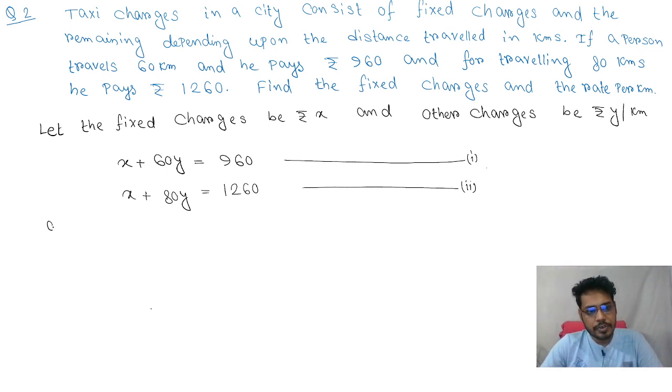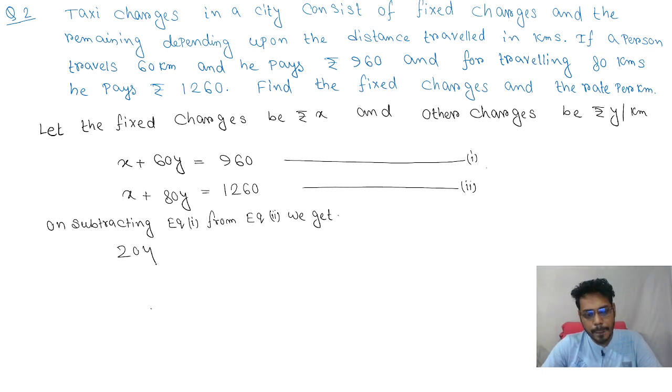Now on subtracting equation number 1 from equation number 2, we get 20Y is equal to 300. So Y will be 300 divided by 20. So that means it will be 15. So Y equals 15.